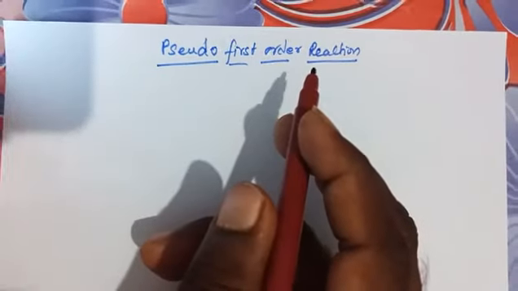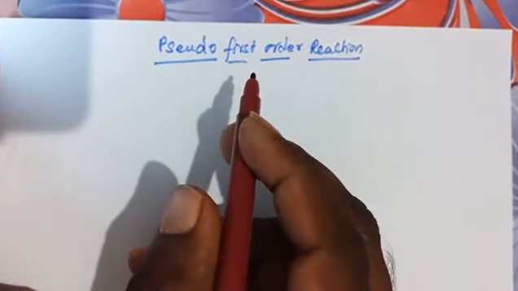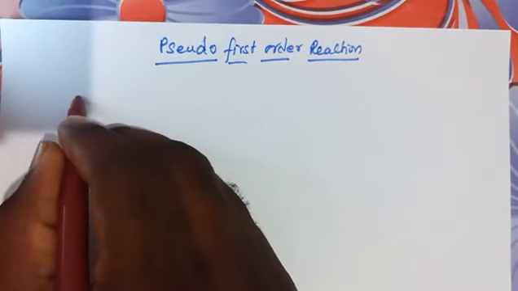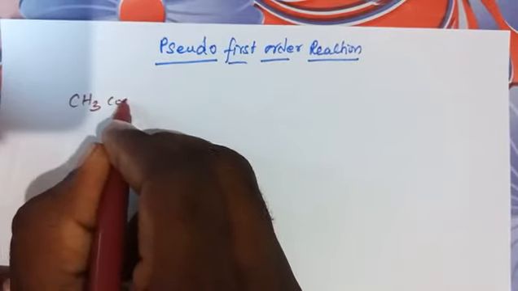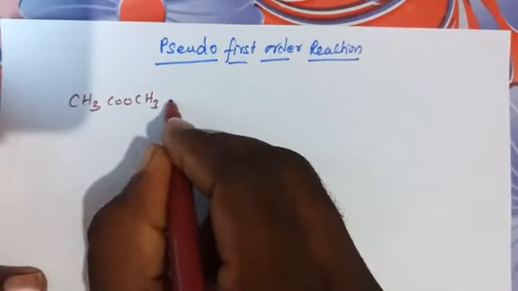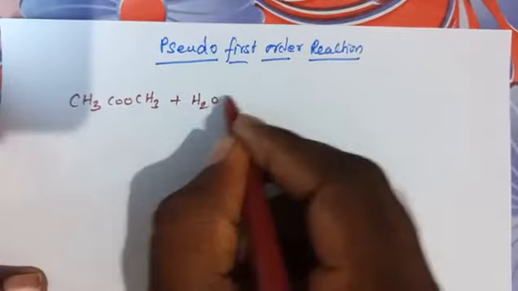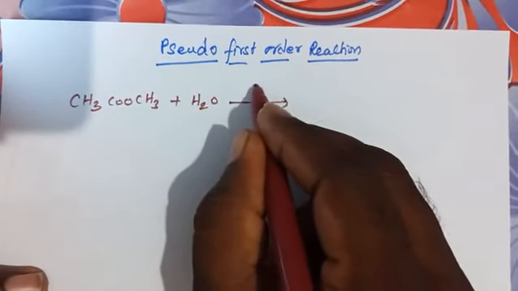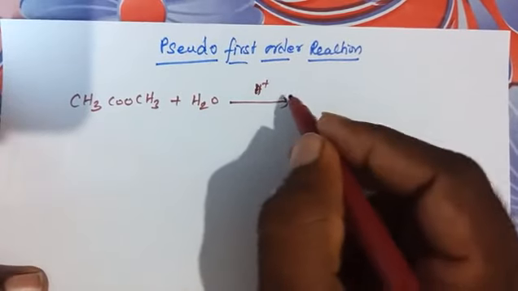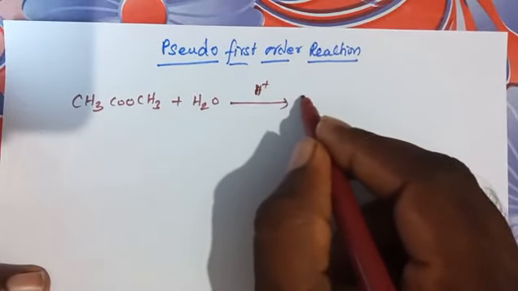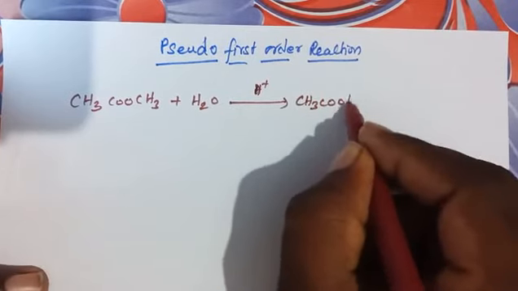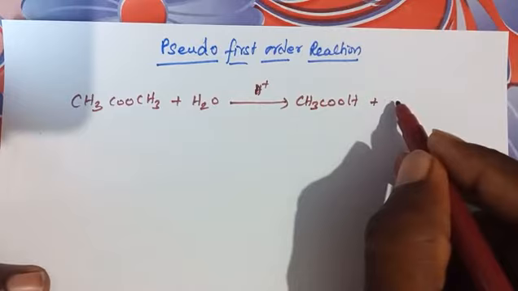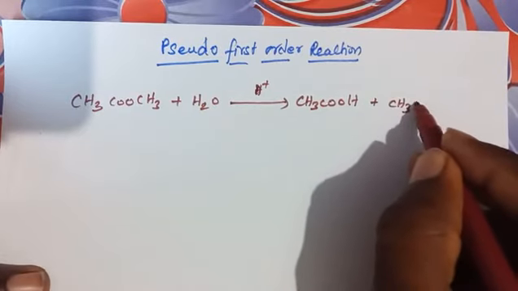Pseudo first order reaction can be explained with the simplest example. Consider acid hydrolysis of ester. When methyl acetate, CH3COOCH3, is hydrolyzed, that means addition with water in presence of acid, it can convert into acid, CH3COOH, and CH3OH as alcohol, methyl alcohol.